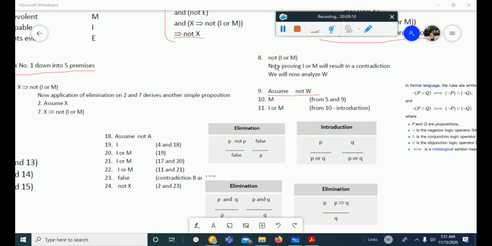What this means is that we have proved not I and not M, so if we prove I or M, it will be a contradiction.